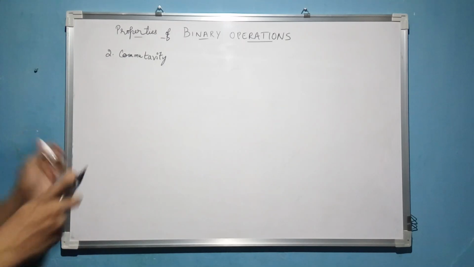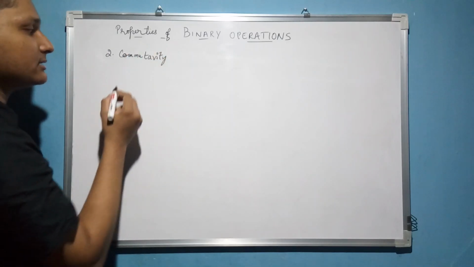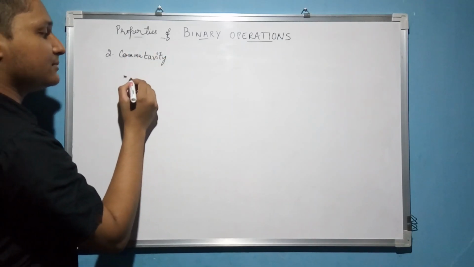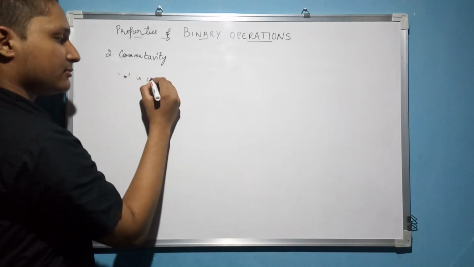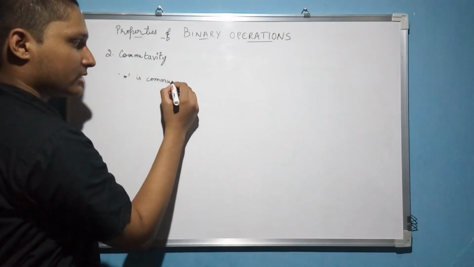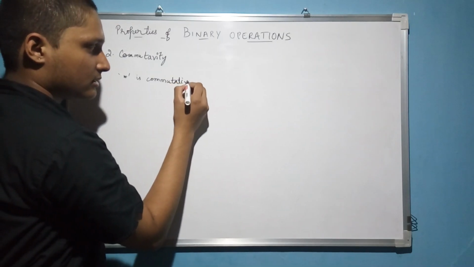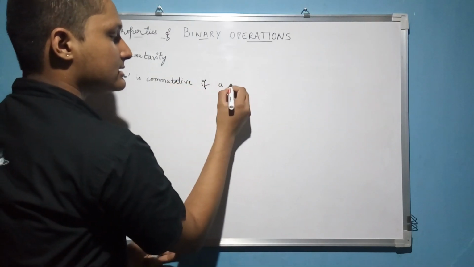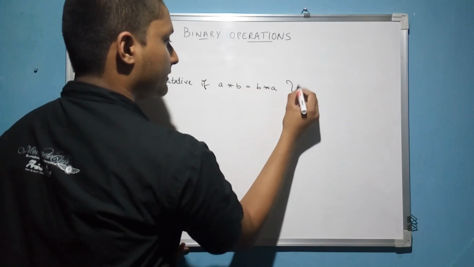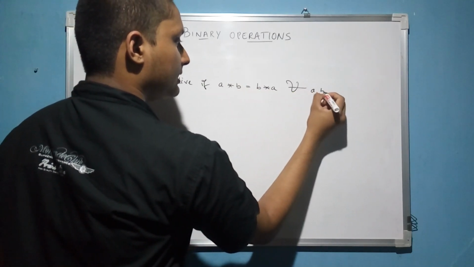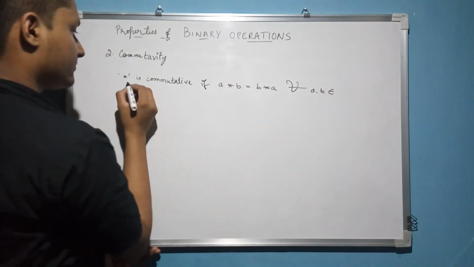So what does commutativity of this binary operation mean? Star is a binary operation. Star is commutative only if A star B is equal to B star A for every A comma B that is belonging to this set.